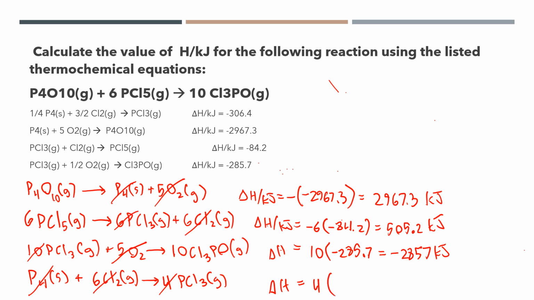So 4 times -306.4 is going to equal -1225.6 kilojoules.